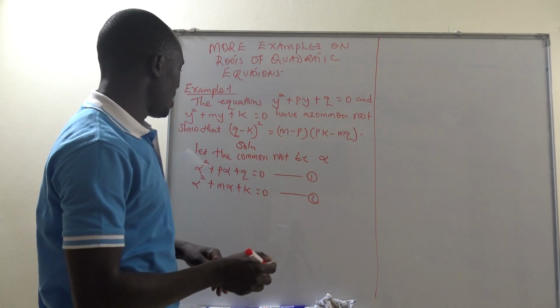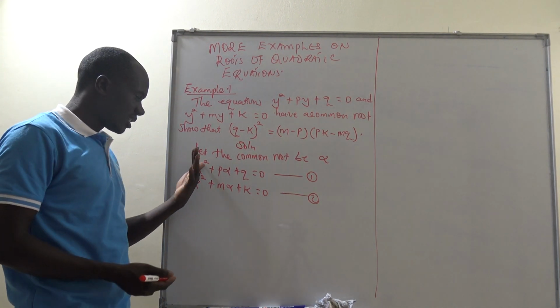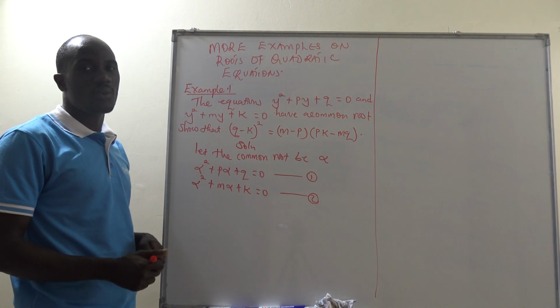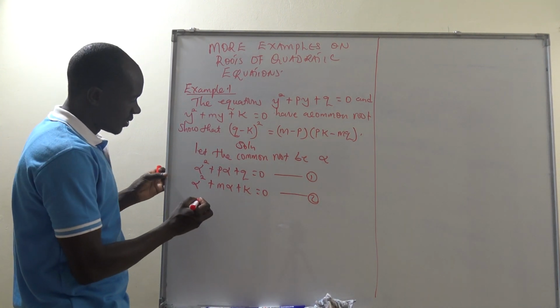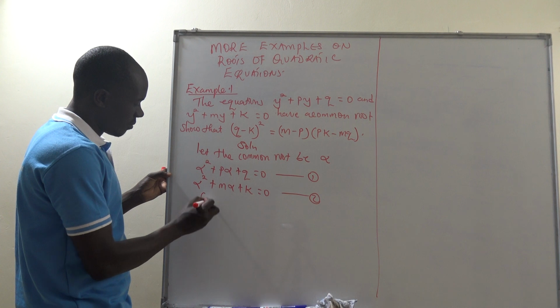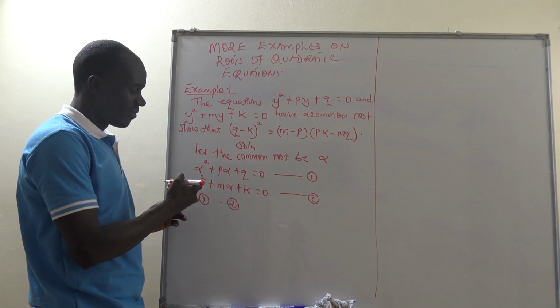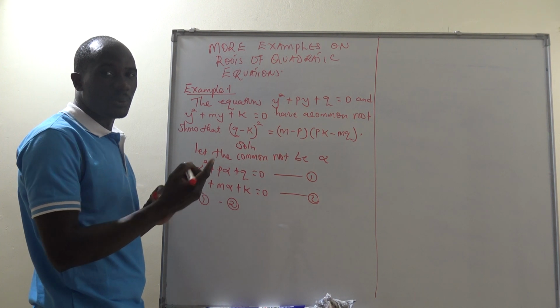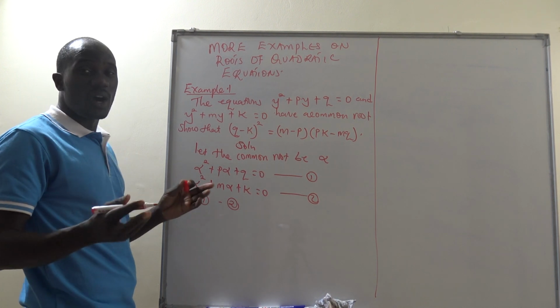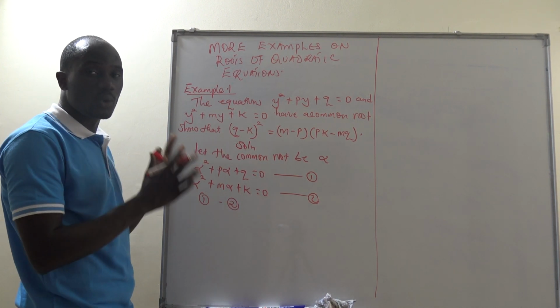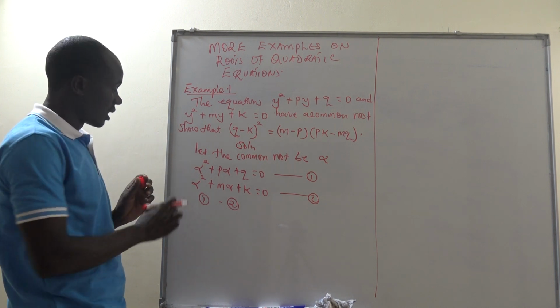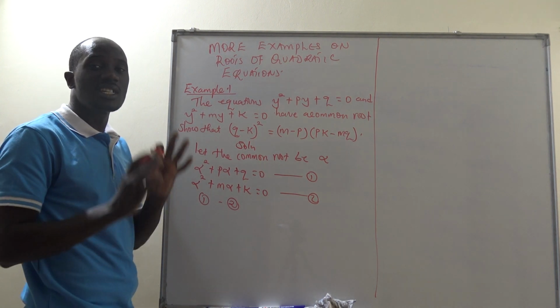Then from there, how can I eliminate alpha squared? I'm going to subtract. I will say 1 minus 2. Can we subtract equation 1 from 2 or 2 from 1? Even if you say 2 minus 1 or 1 minus 2, no problem, such that I can eliminate that alpha squared.